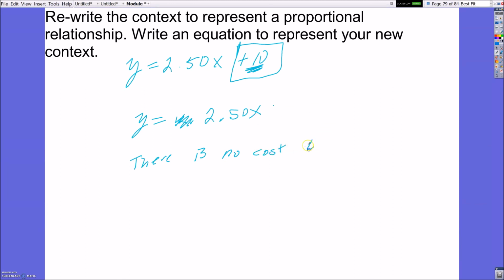There is no cost to get in the fair, but it costs $2.50 per ticket for rides.